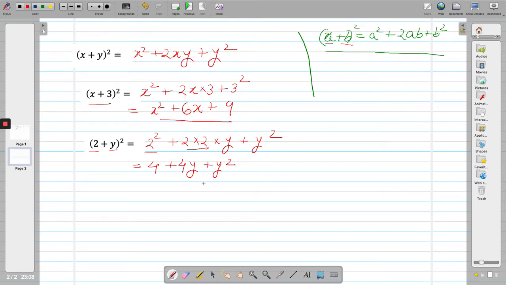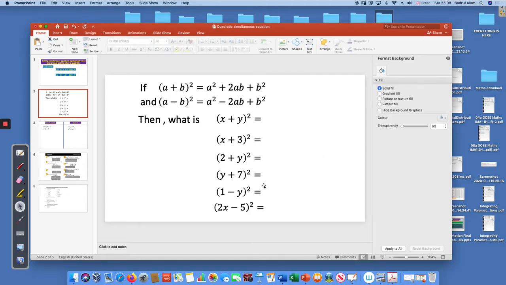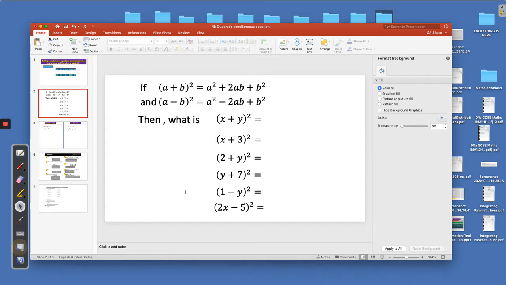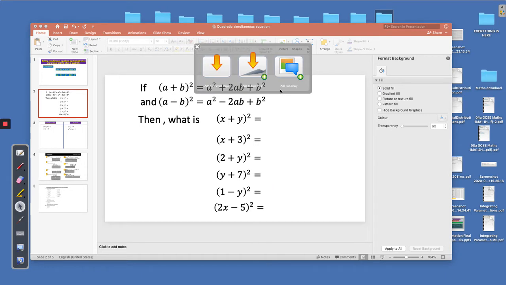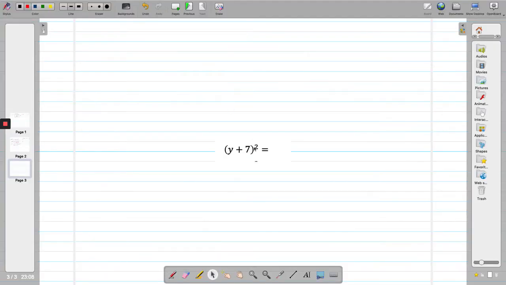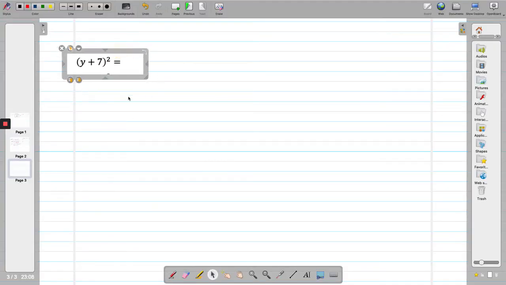Okay, so let's look at the next one now. The next one is (y plus 7) whole squared. Let me take it to a new page on the board. So again, let me use a different color and write my formula somewhere else.